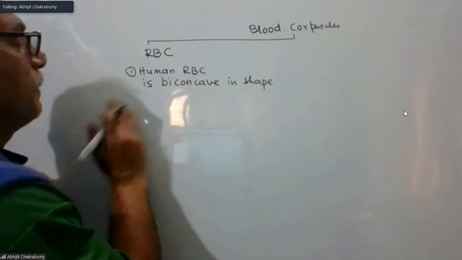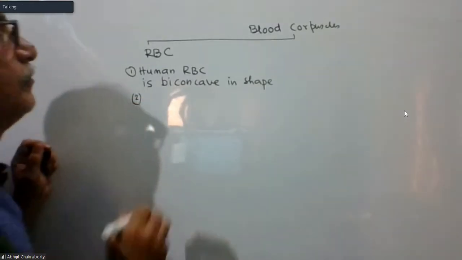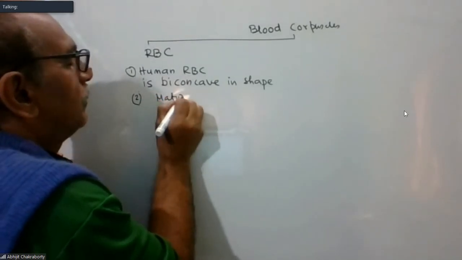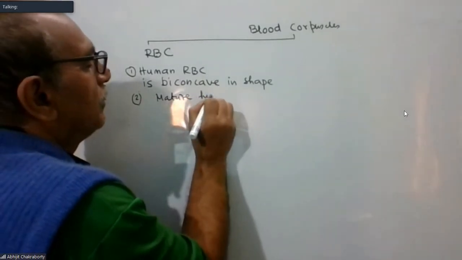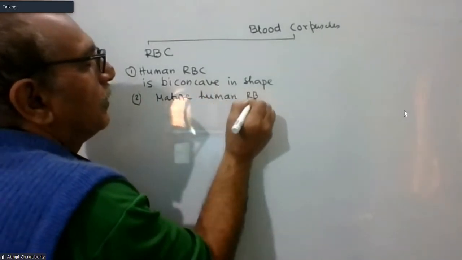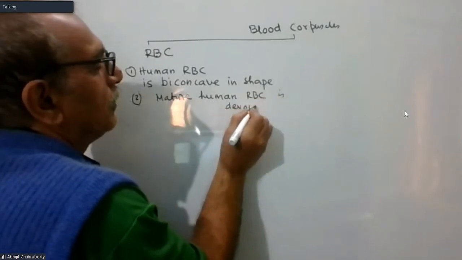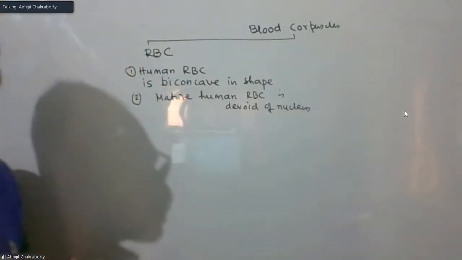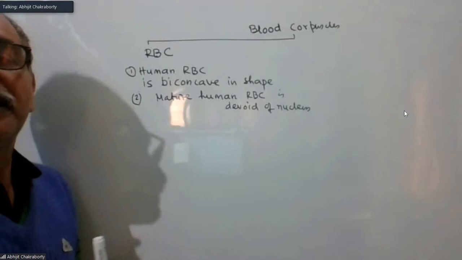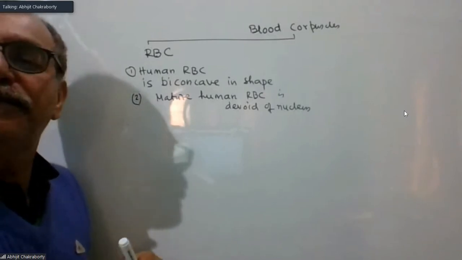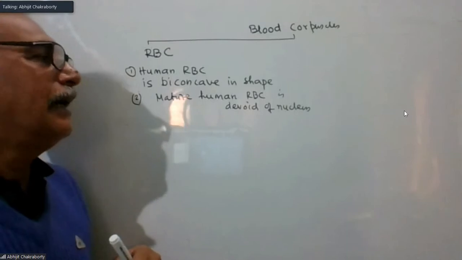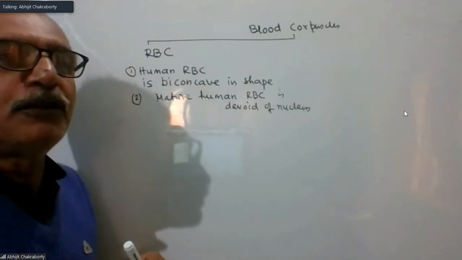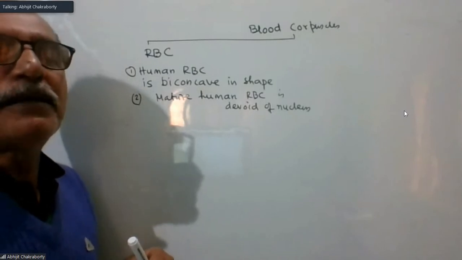Second point, mature human RBC is devoid of nucleus. So what is the advantage of it? As mature human RBC is devoid of nucleus, the RBC can be squeezed while passing through the capillaries.